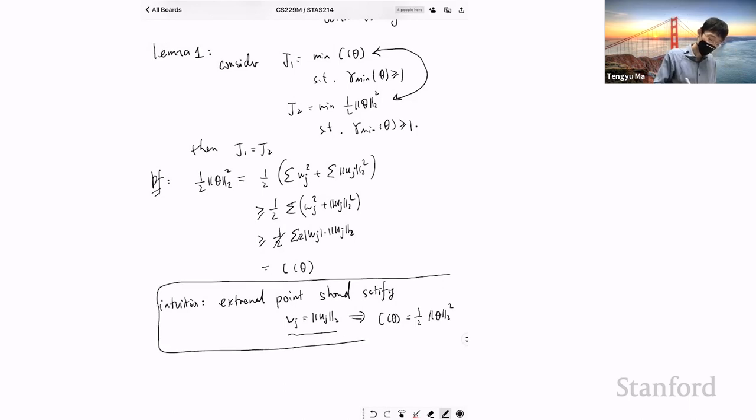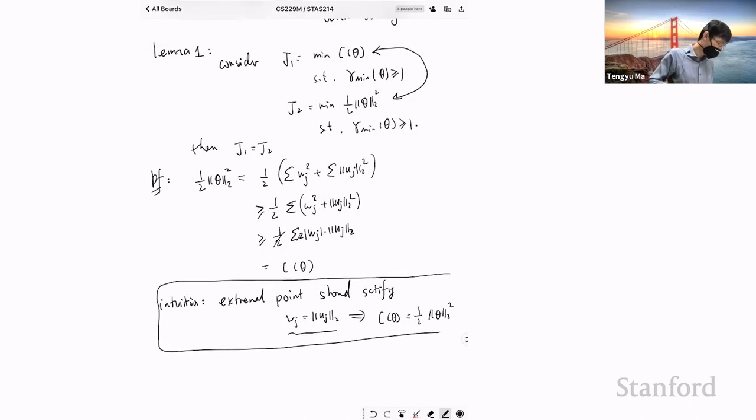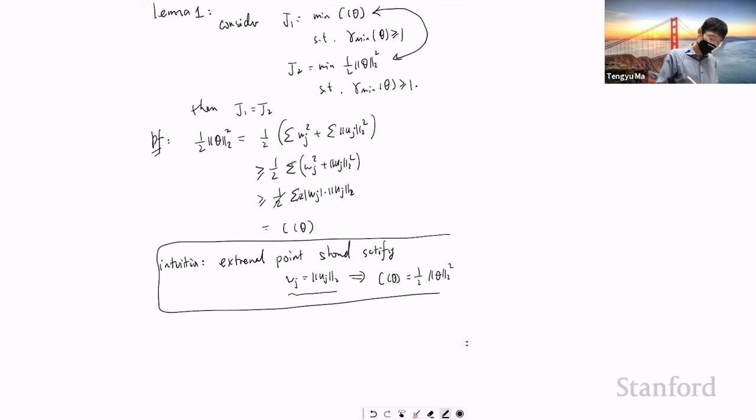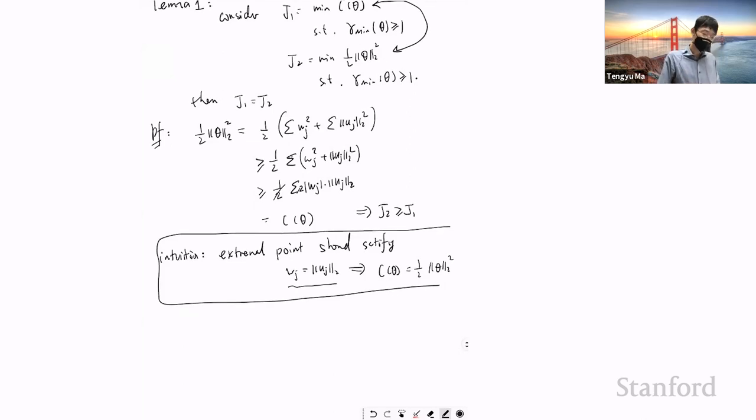If you really want to prove this formally, I guess the simplest way is the following. This implies that J2 is larger than J1, and you want to show that J1 is larger than J2 as well.